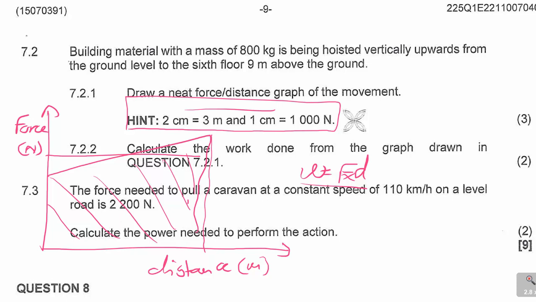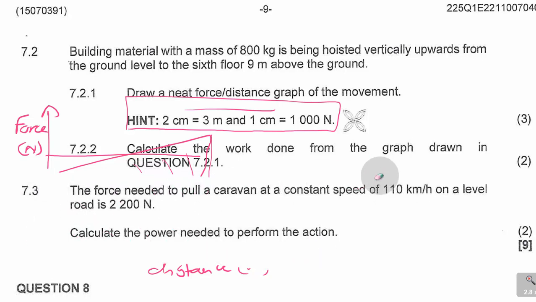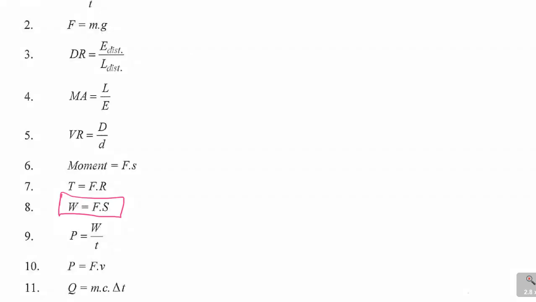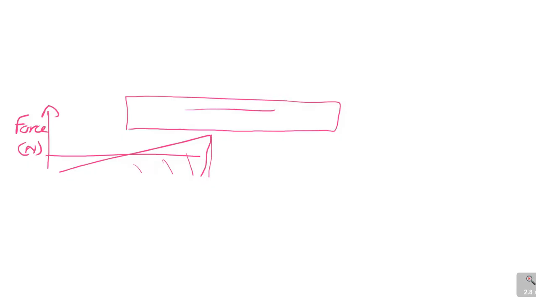And then 7.3 here, it says the force needed to pull a caravan at a constant speed of 110 kilometers per hour on a level road is that. Calculate the power needed to perform such. Now you have to go to your formulas to identify power, which is force times velocity. That's the formula you're going to use here.